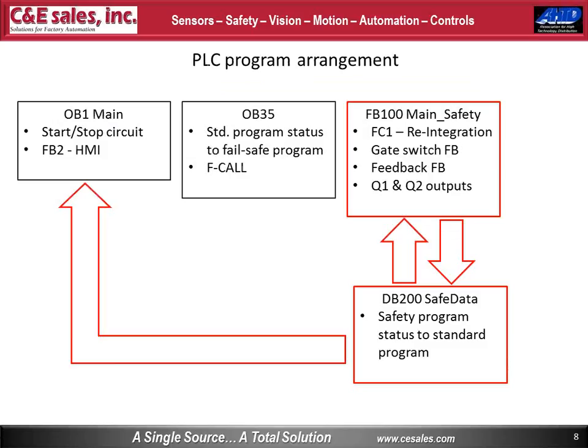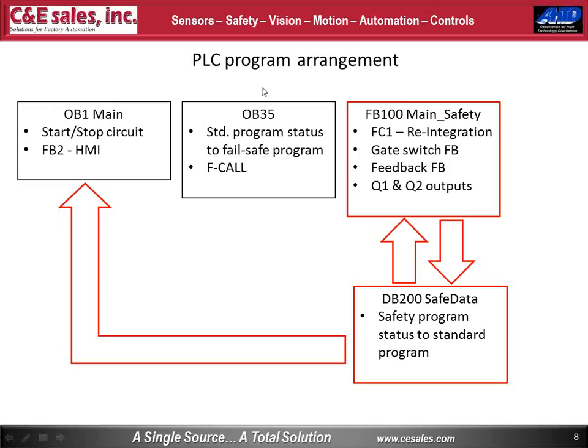If we move to the PLC programming for a little example here, you'll see that I'm going to have my OB1 as always, which is just going to do my starting and stopping, and then I have created another function block that's called here. That's just going to be my HMI code or transfer of data.